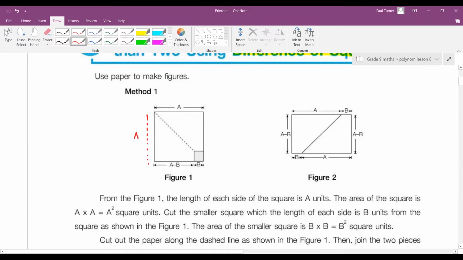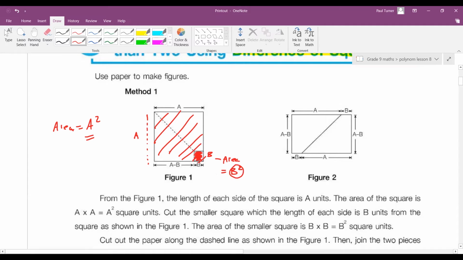So this whole thing is a squared, the area. So a times a, a squared for the area. And then we have a small square here, which is b times b. So that area there is b squared.